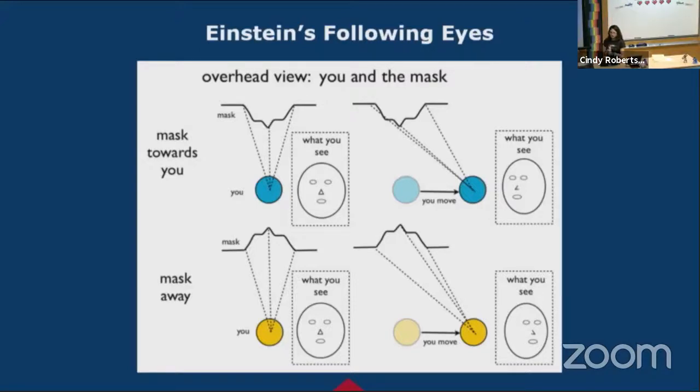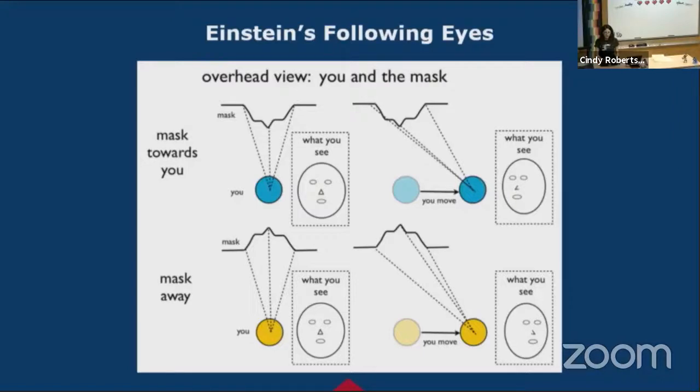When you're looking straight at it, you see a normal face, what you would expect. But as you move to your right, the nose looks like it's towards the left cheek more. Because of that, you can tell that the face is stationary, that it's not following you. So as the picture on the top right shows, it looks like they're looking away from you.